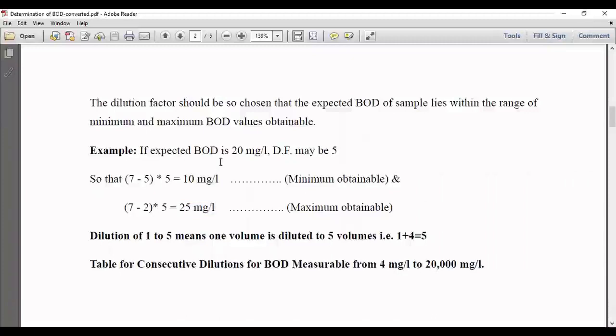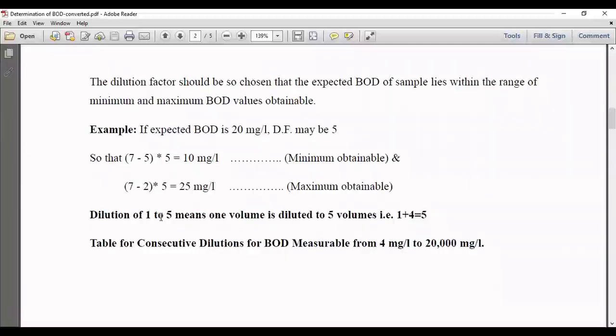So if I'm expecting my BOD value to be 20 mg per liter, I'll take the dilution factor 5 because 20 mg per liter lies between 10 mg per liter and 25 mg per liter. So the expected BOD value should be within the minimum and maximum range, and depending upon that I can select a dilution factor.